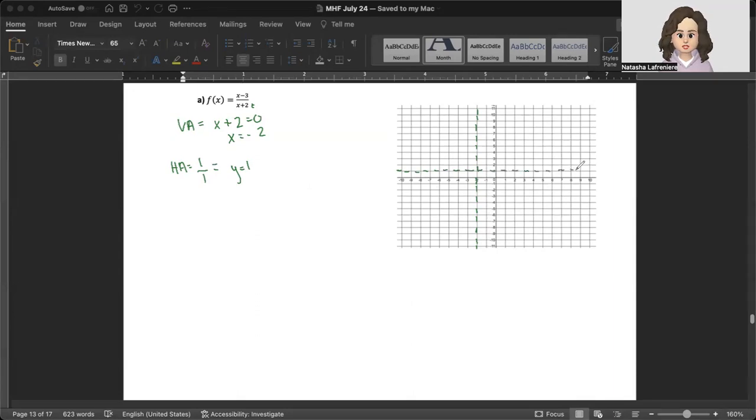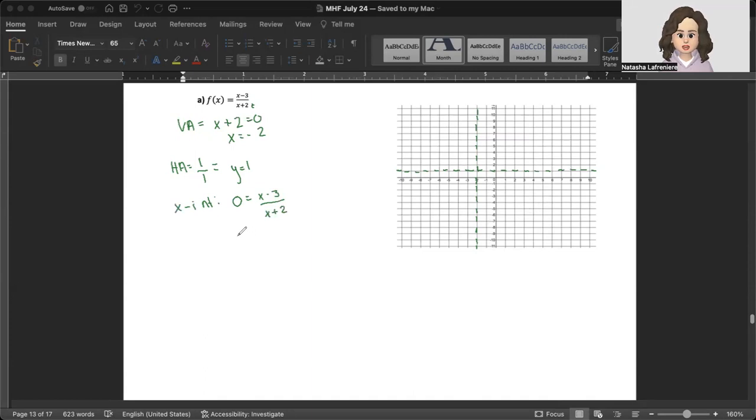The nice part about your final exam is you get all of your notes, right? So that'll be fantastic. You've got your x-intercept, so you set your y as 0. Rewrite your equation.